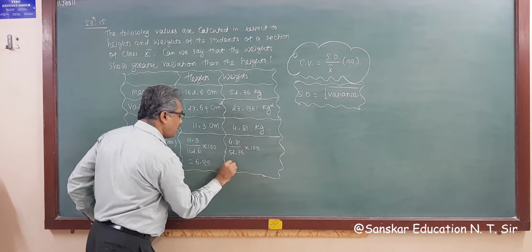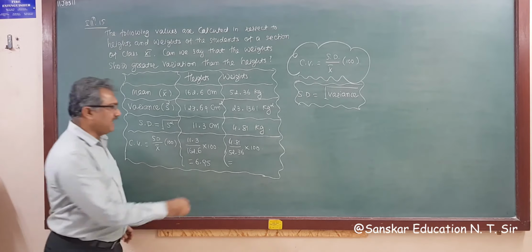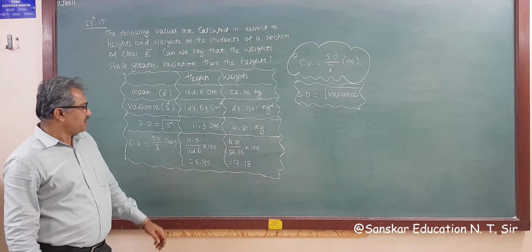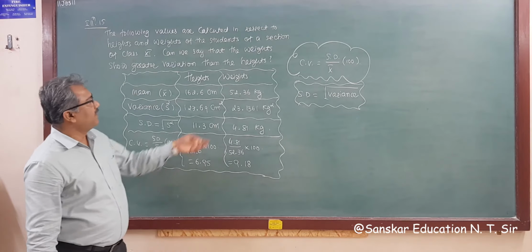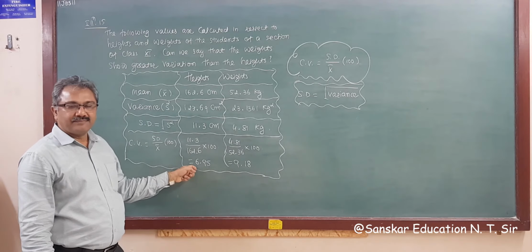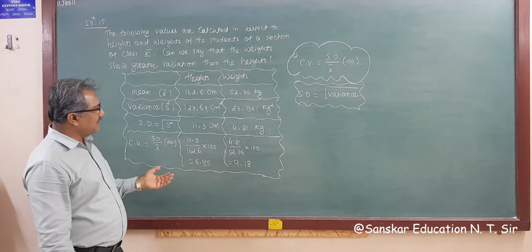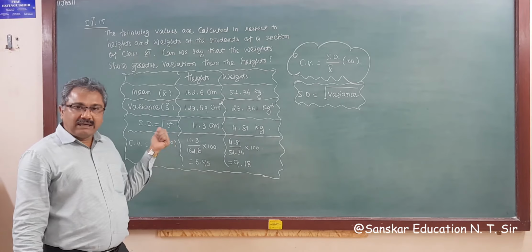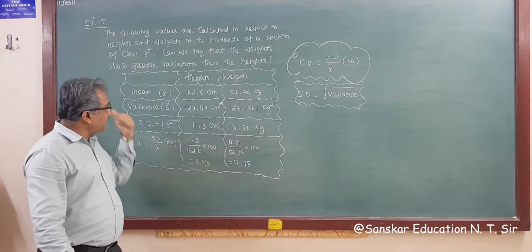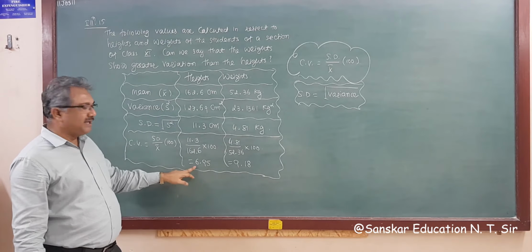Simplification of this is 9.18. So the CV of weight is more than the CV of height. So clearly you have to write, the CV of weight is greater than the CV of height.